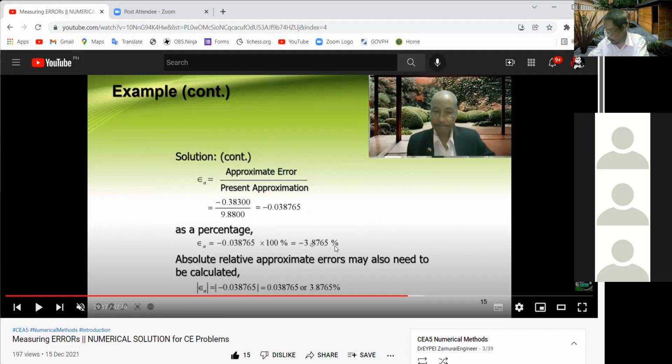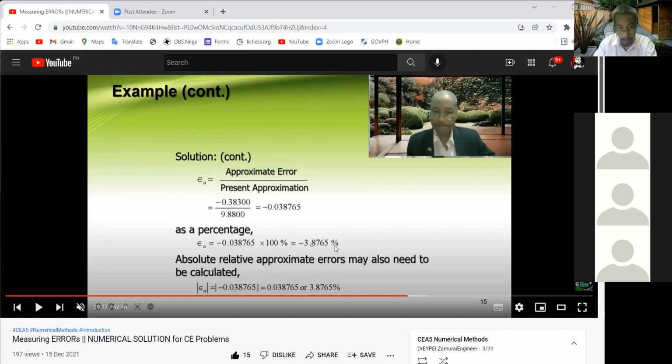If I use 5 significant figures, I will just add 00. So this will be in percent, negative 3.8800%. That is just 5 significant figures. So therefore, we know we can correct the PowerPoint presentation.